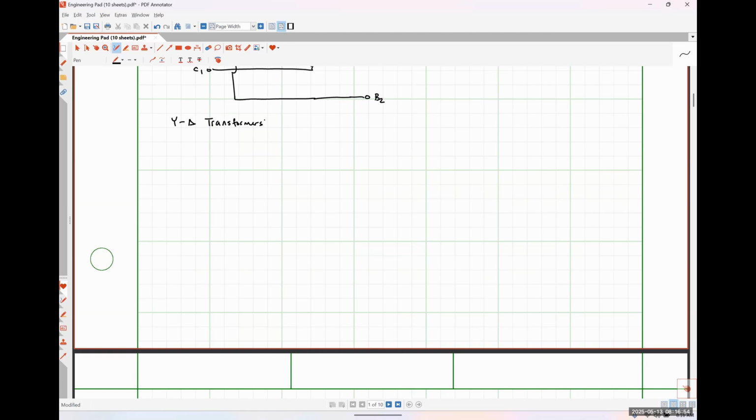So I'm going to consider in this case my Y to be my primary and my delta to be my secondary. So what I'm going to start by doing here is I'm actually just going to put my transformers in first, okay? So let me start down here.